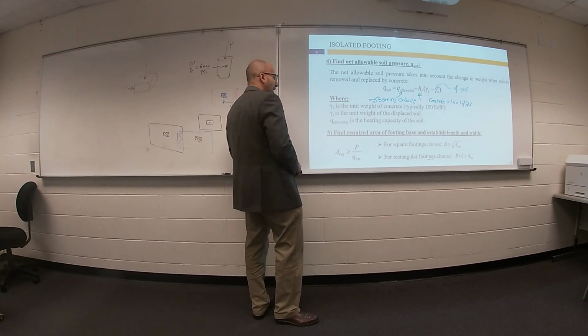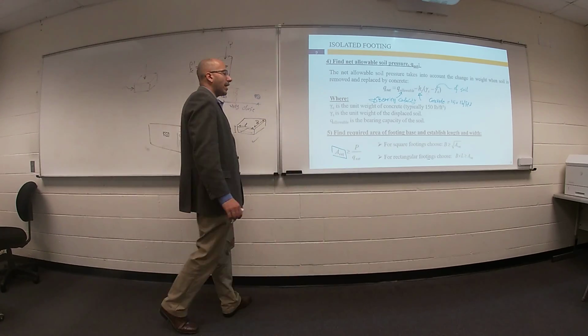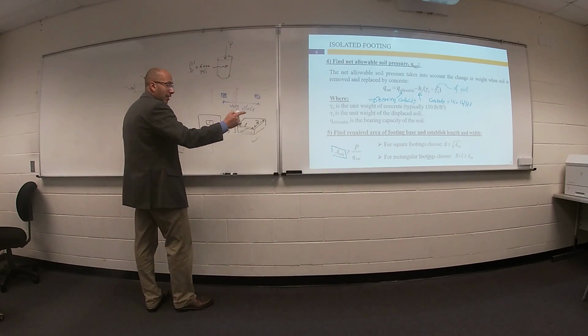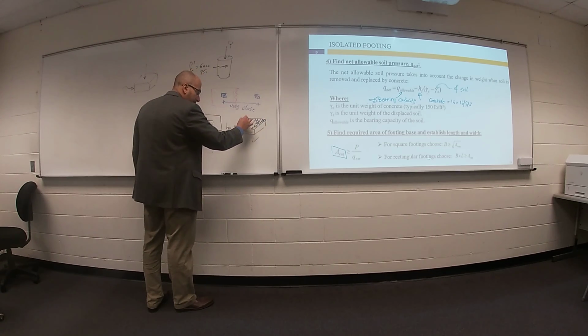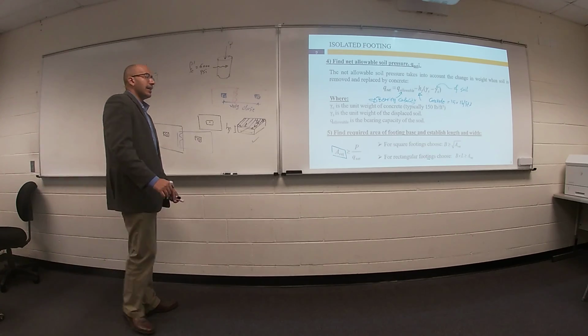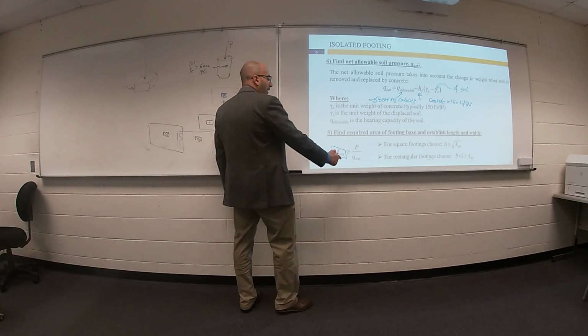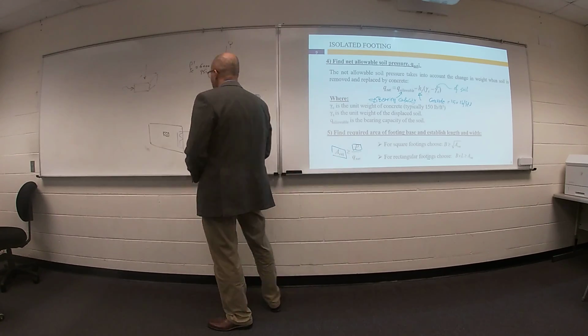Once you get your q net, determine the area required of this footing. The area of the footing equals P divided by q net. Anybody remember the value of P?